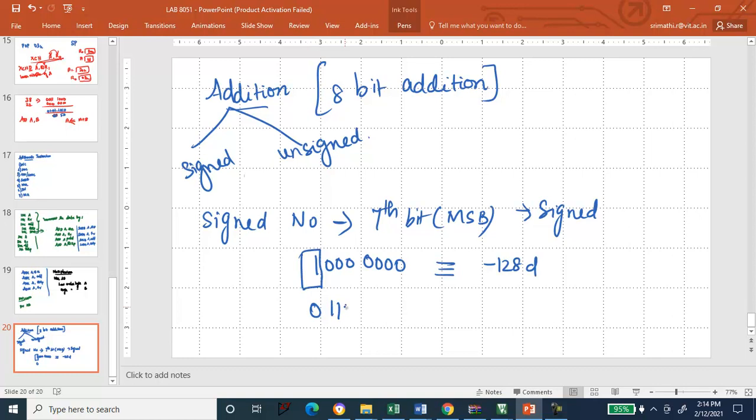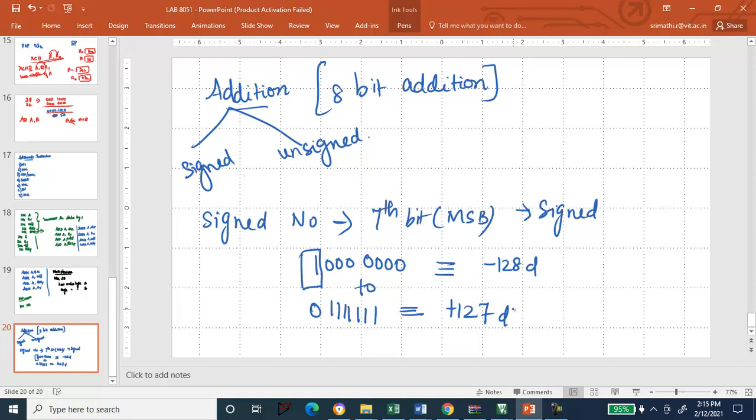In a signed number, a single byte number can vary from 1 followed by all 0s, which is minus 128, till 0 followed by all 1s, which is plus 127 decimal.